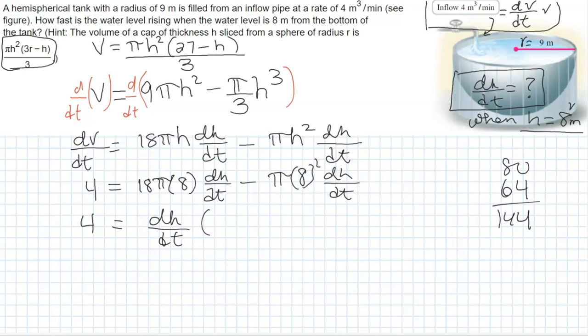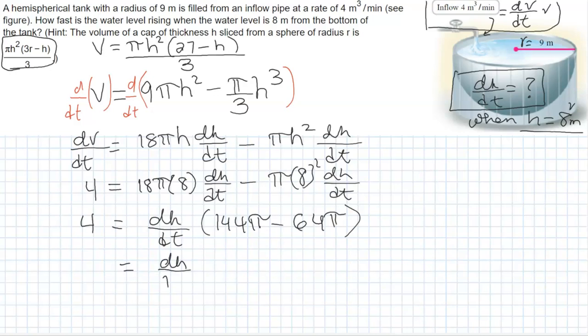So that would be 144 pi minus 8 squared, which is 64, so 64 pi. Then dh/dt times that is equal to 4. To solve for dh/dt, you have to divide by whatever this is.